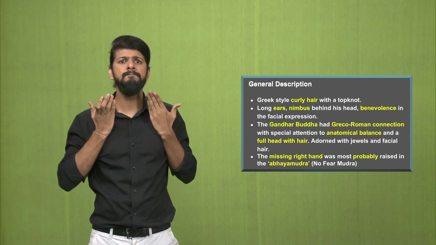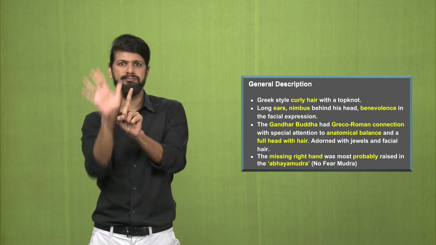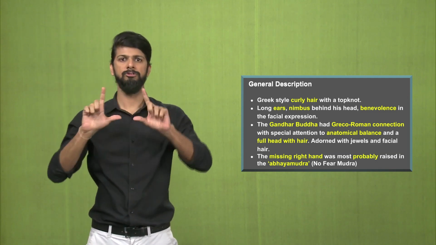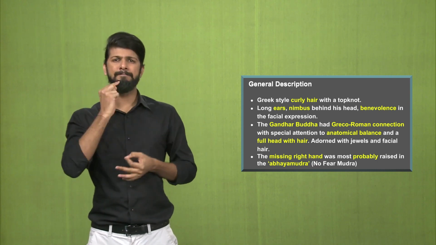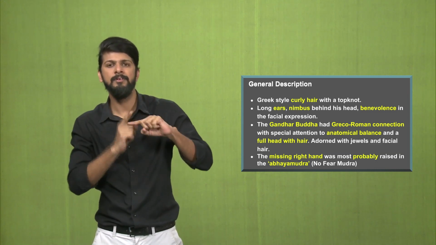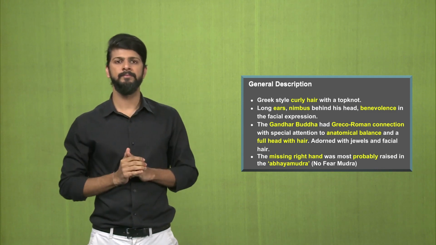The sculpture of Buddha here has long ears plus a nimbus behind his head, which is a symbol of an awakened person. The facial expression and features of Buddha are of benevolence, serenity and peace.